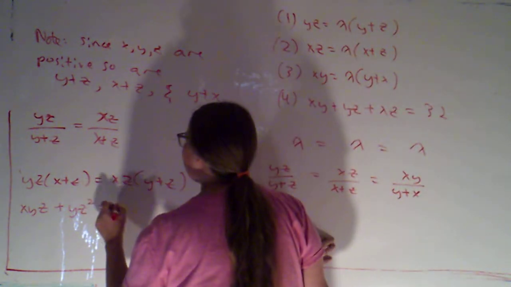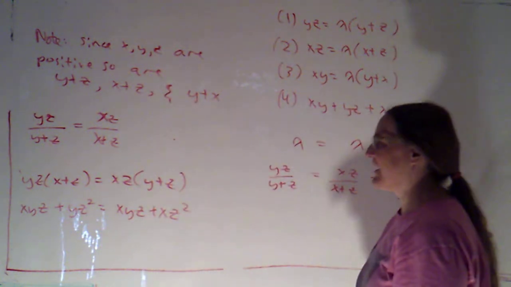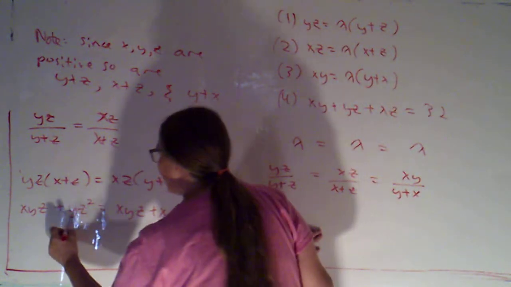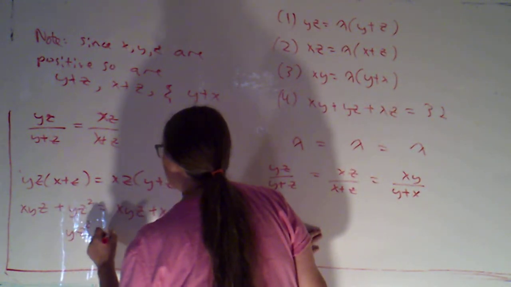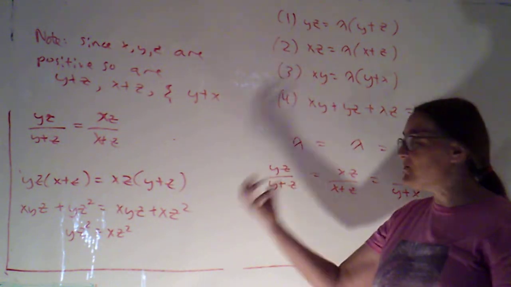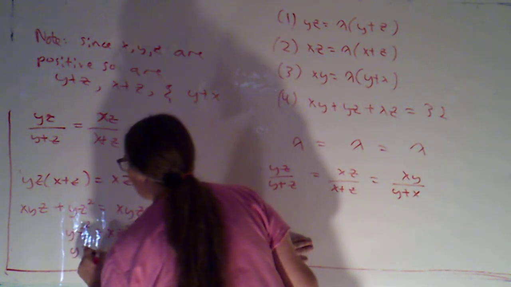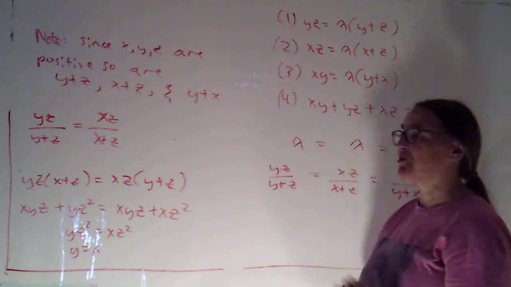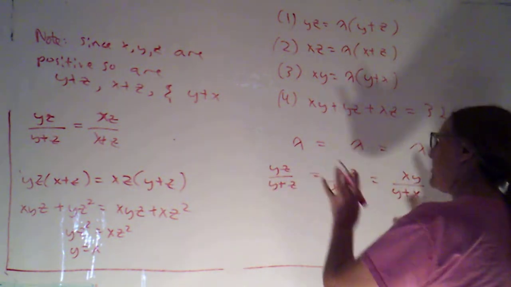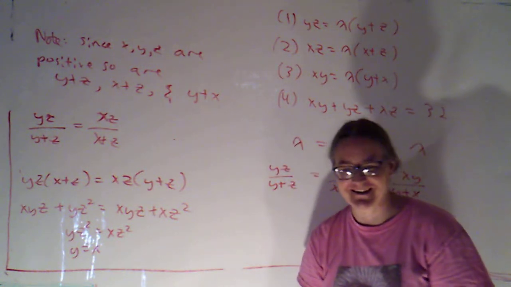Okay, and that's going to equal xyz plus xz squared. Okay, now I can subtract the xyz from both sides, so yz squared equals xz squared. Because I'm working in octant 1 where z is positive, I can divide by z squared, so y is equal to x. Pretty nice. Okay, we're nearing the end, but we've got a little ways to go and this video's been going for a while, so I'm going to stop the video and we'll finish this in the next video.